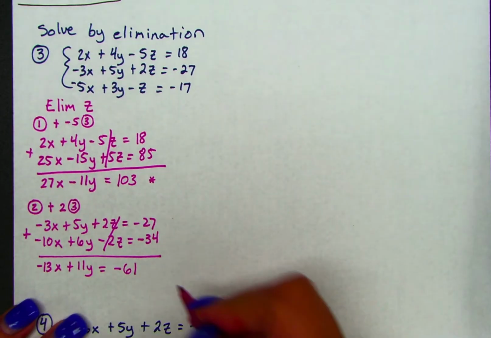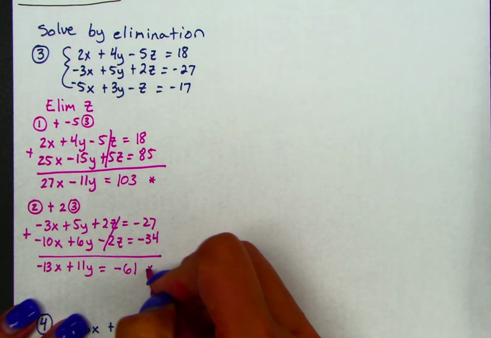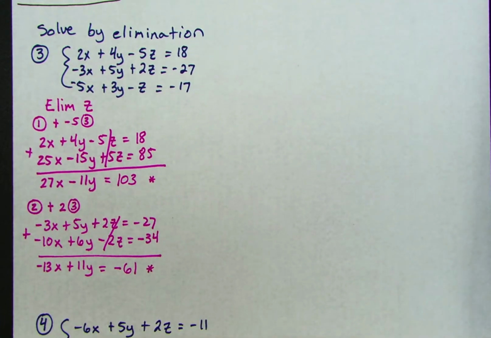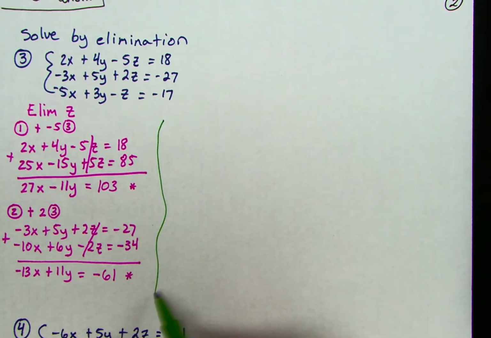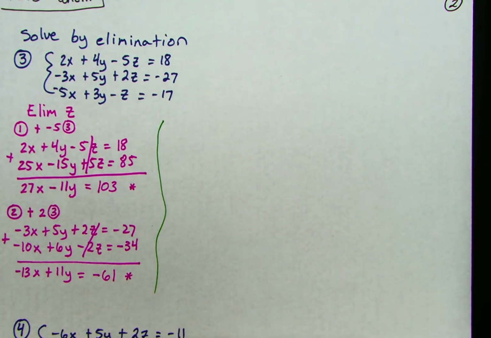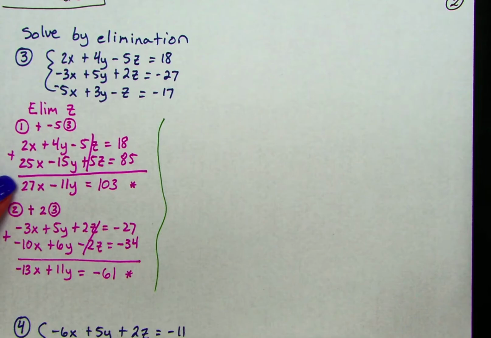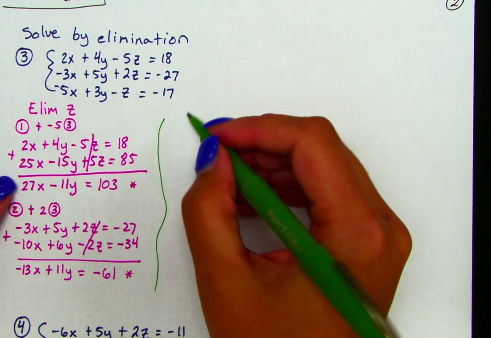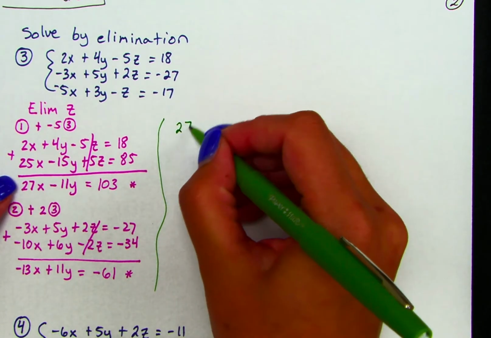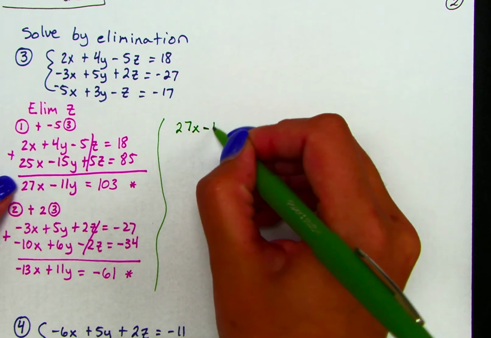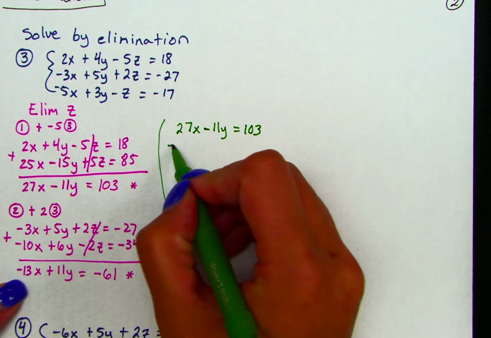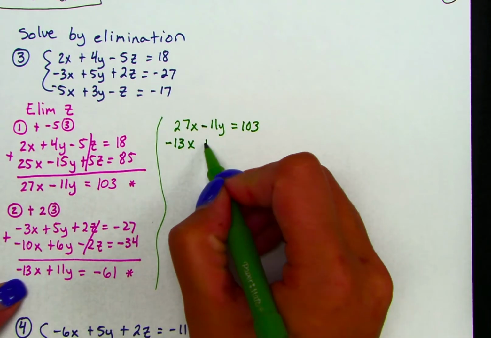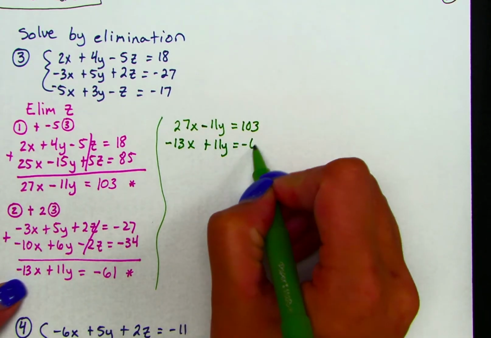All right, so now I've done my two addition problems. Okay, so again, I can put a little star by that. So now what we need to do is put those together. So my new system that we now need to solve consists of those new equations that we came up with, just like when we did our substitution step. So I have to pair the 27x minus 11y equals 103 and negative 13x plus 11y equals negative 61.